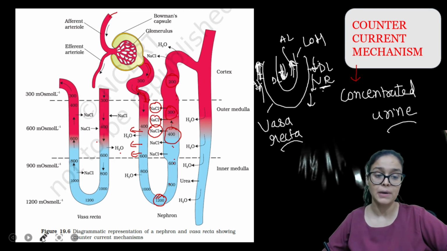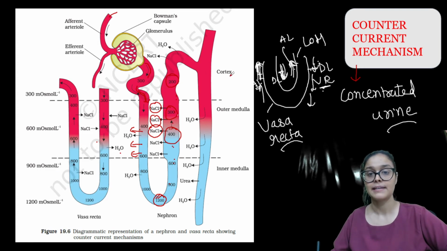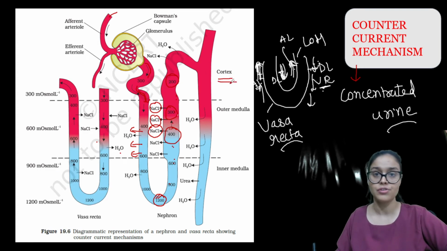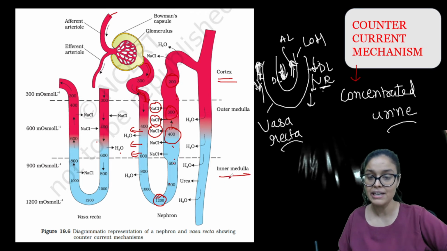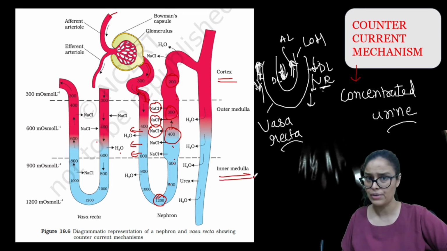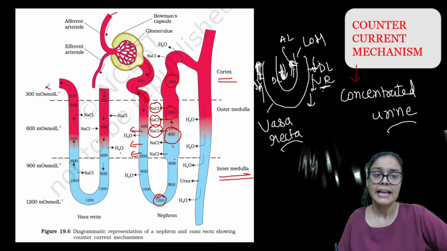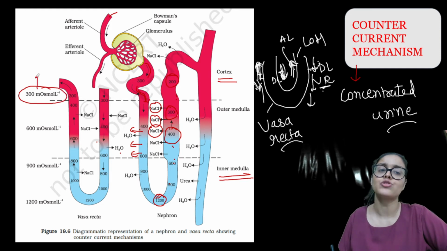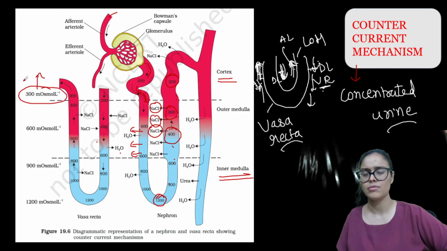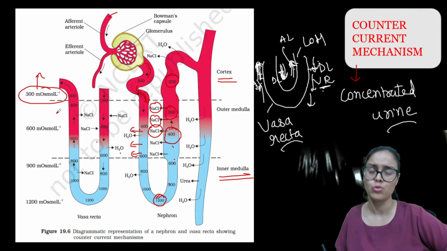So what is our purpose? This is the cortex region of the kidney and this is the inner medulla region of the kidney nephron. You know it very well, right? The osmolarity of the cortex region is 300 milliosmolar, which needs to be maintained.